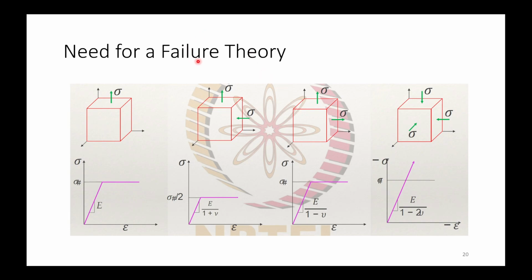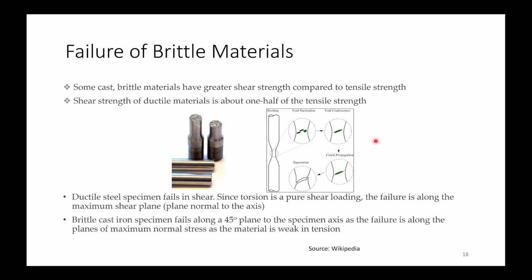Now why do we need a failure theory? Sometimes when we are applying different types of loading, there can be uniaxial type of loading, biaxial, or triaxial type of loadings. So they will give different properties of materials. As we saw earlier, a material will show different compressive strength compared to tensile strength.